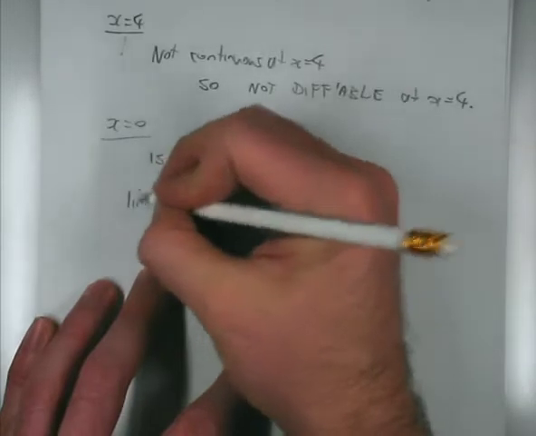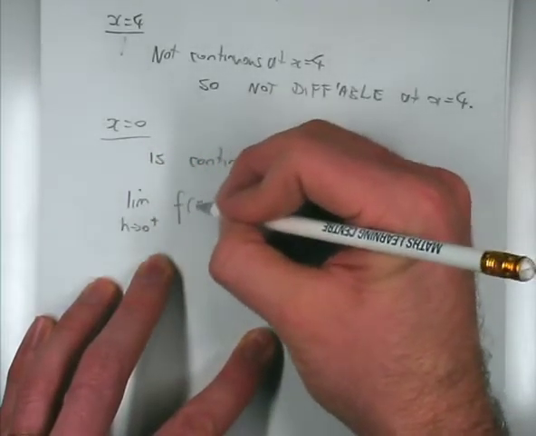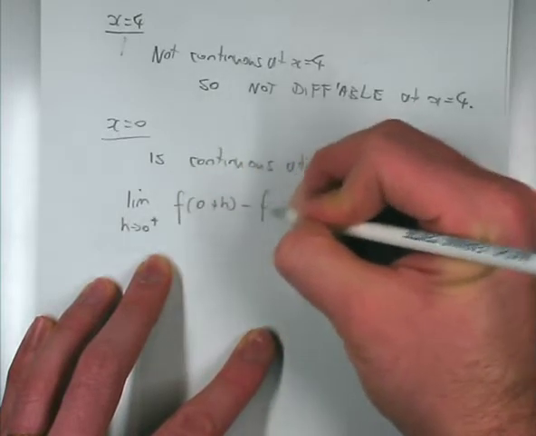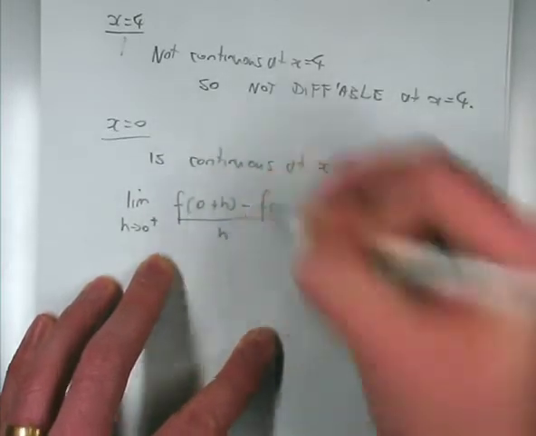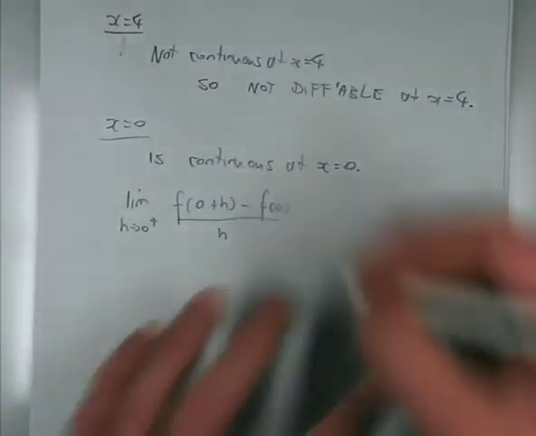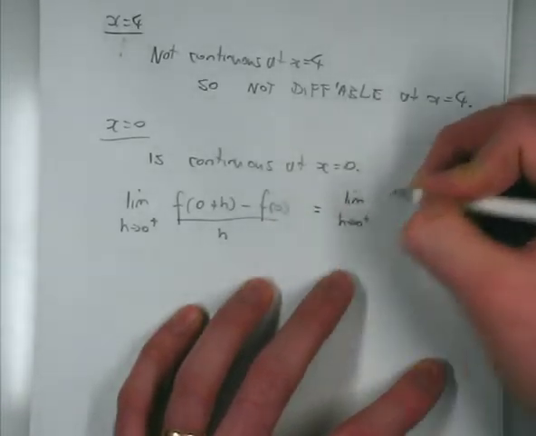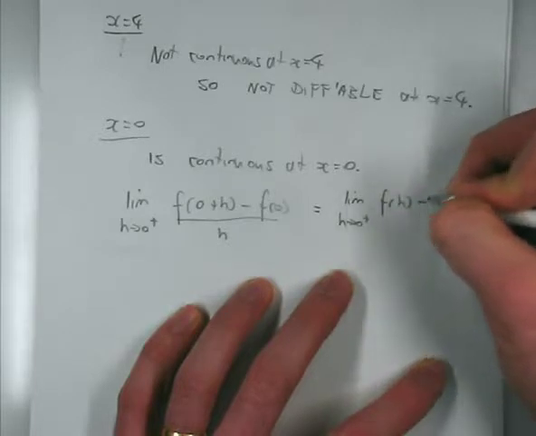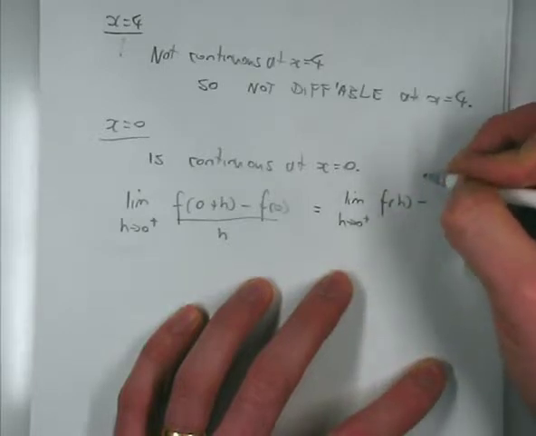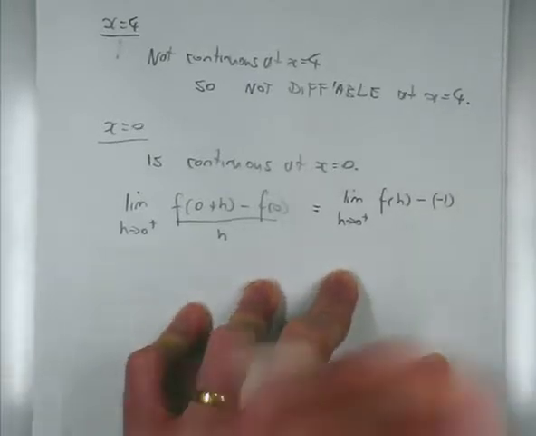So the limit as h goes to 0 from above of f of 0 plus h minus f of 0, over h, is the limit as h goes to 0 from above of f of h minus f of 0, and f of 0 was negative 1, because we figured that out earlier.